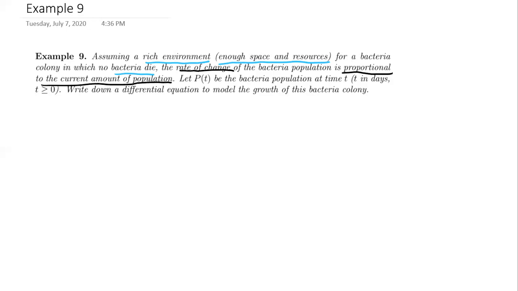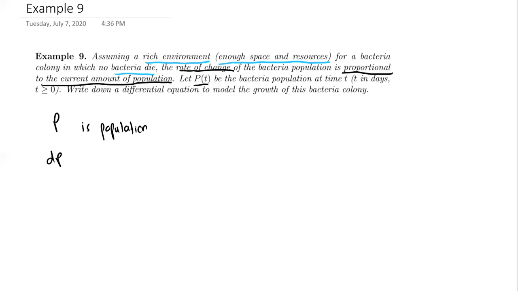Well, the population is given by P of t. Since it's clear from the problem what the independent variable is, in this case t, I'm not going to write P of t, I'm just going to write P. So P is population. Now, the two quantities that are proportional are the population and the rate of change of the population. Again, rate of change is derivative.